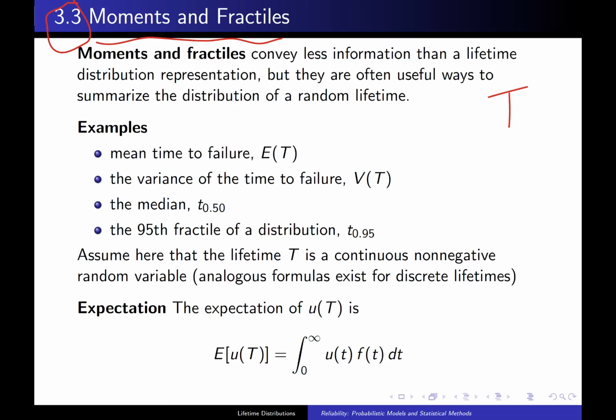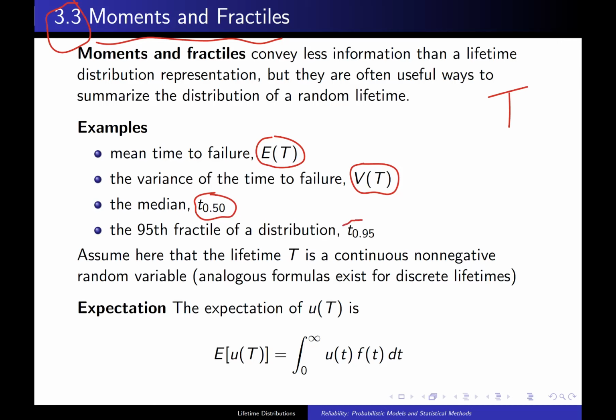Moments and fractiles don't convey the entire distribution of the random variable t, just one aspect or another. So one rather popular one is the expected value of t. Another one is the variance of t and its square root, which is the standard deviation. Another one is the median, t of 0.5.